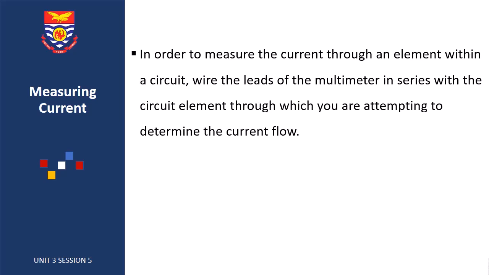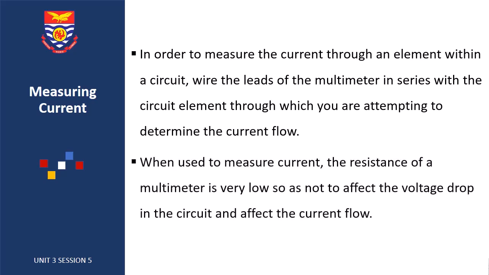So, whenever you want to connect a multimeter or the ammeter to measure current, unlike the voltmeter where you connect it in parallel to the circuit component you want to measure the voltage drop across, in current you have to break the circuit and insert the multimeter or the ammeter in the circuit in order to measure the current through the circuit.